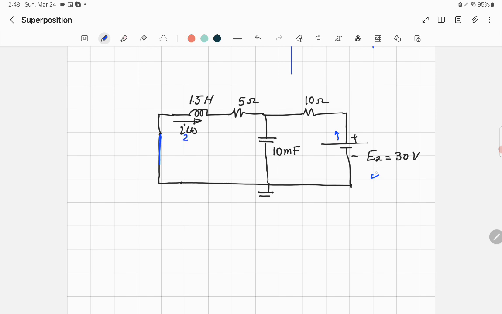Because I'm using only the source E2, so the component corresponding to E2 is I2, and it should be in this direction. If you want to call it anything else, you can. For example, if this is I2 in this direction and you want the current going in the other direction, you'll make it minus I2.